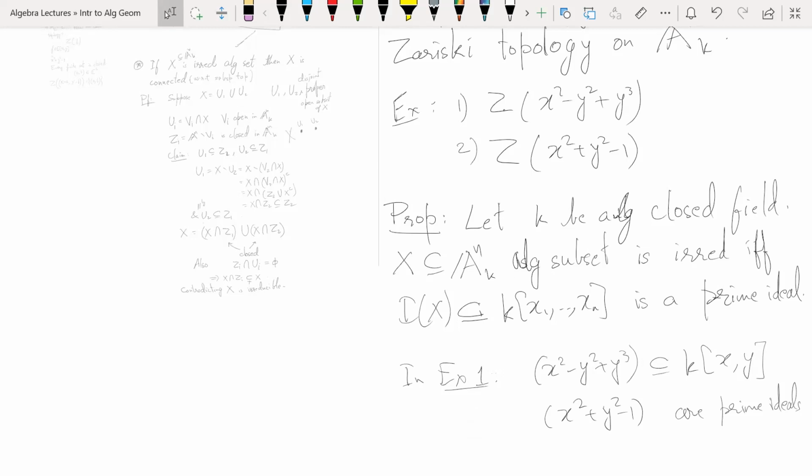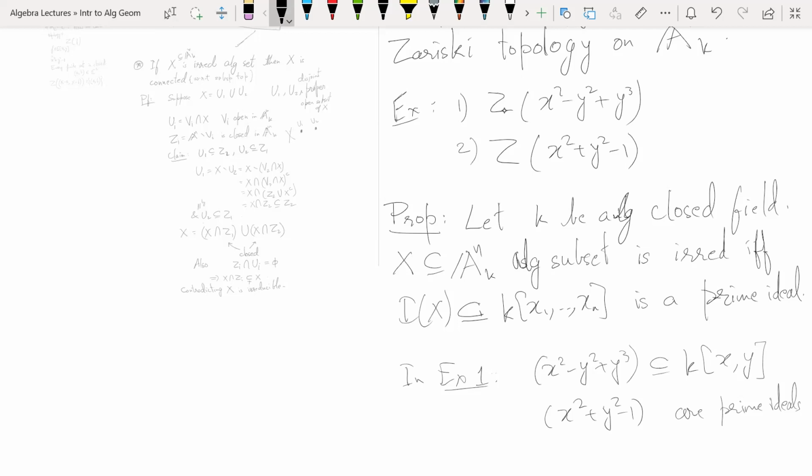So it is a degree 2 polynomial in X. There are many ways to check. You can use the Eisenstein criterion, thinking of it as a polynomial in X, and you take the prime to be y plus 1.